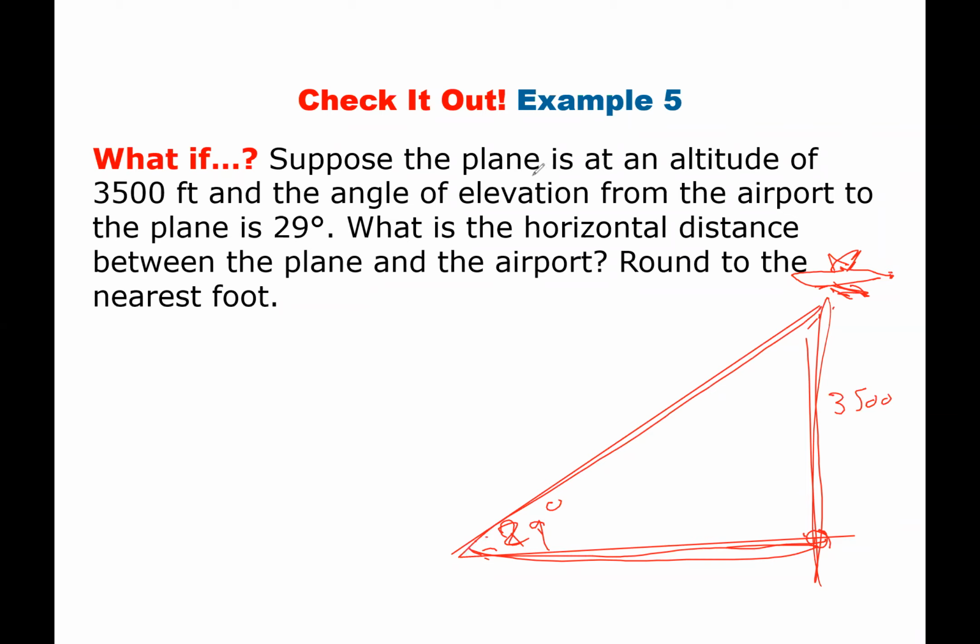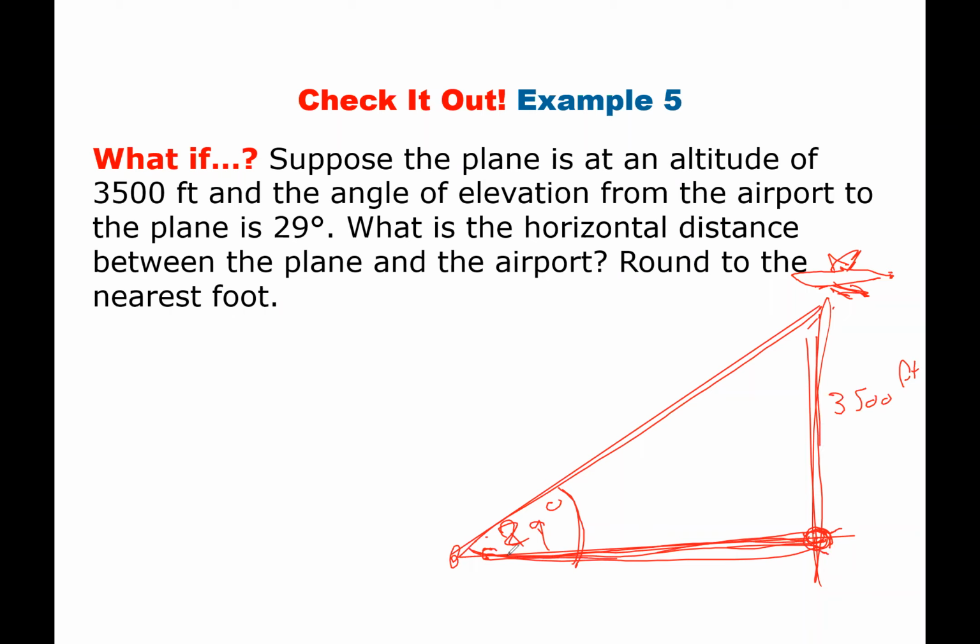Suppose the plane is at an altitude of 3,500 feet, with an angle of elevation from the airport. So the airport is here, and you need this distance. What is the horizontal distance between the plane and the airport?